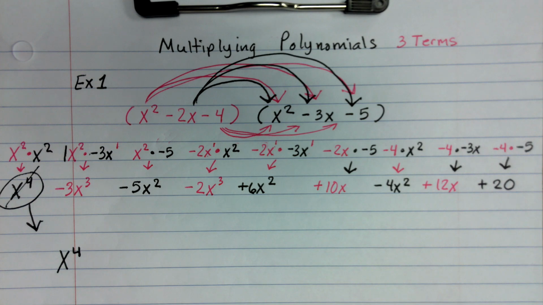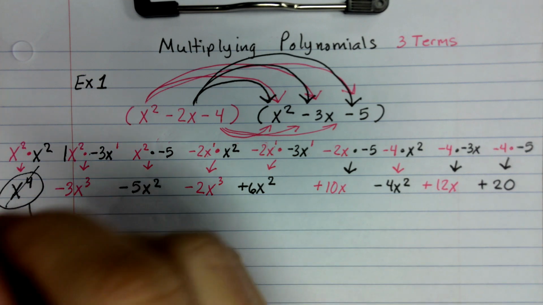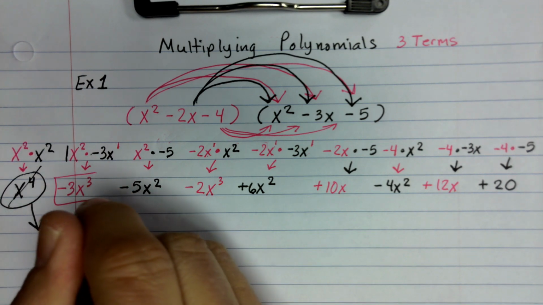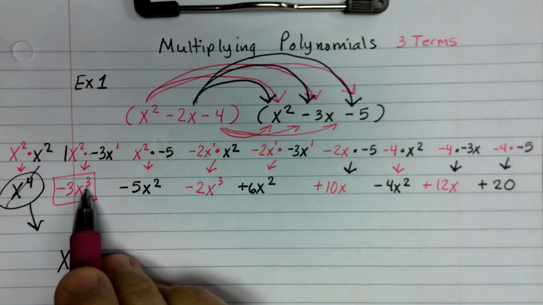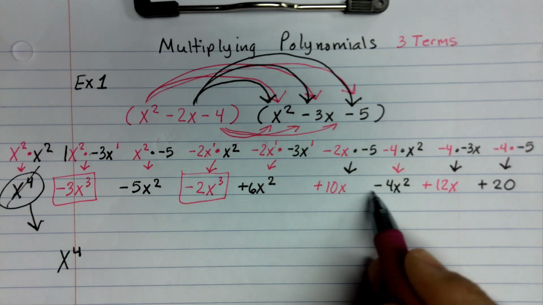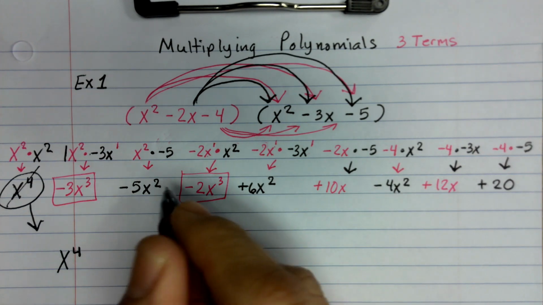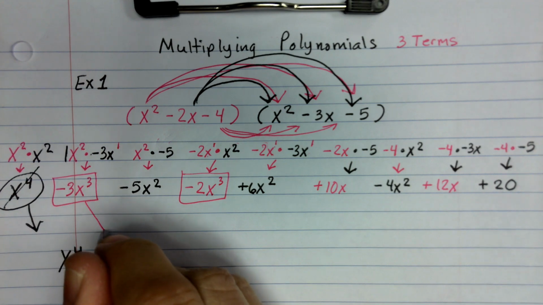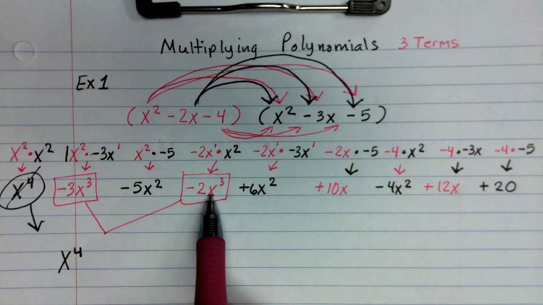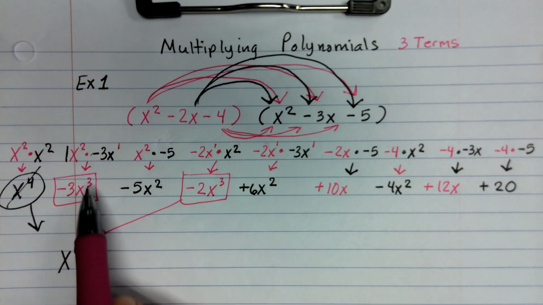The next highest term is going to be 3. So I'm going to go ahead and box anything that has a power of 3. So this one has a power of 3. And that's it. So now what I'm going to do is take this and combine it. And when I combine it, since the base and the exponent are the same, I'm really just combining the coefficients.